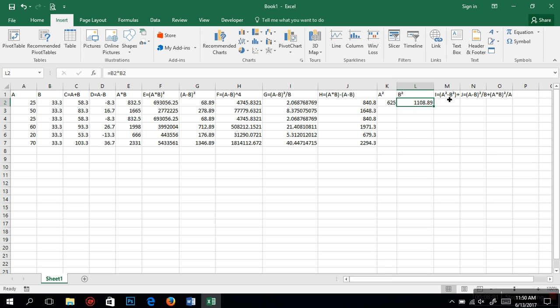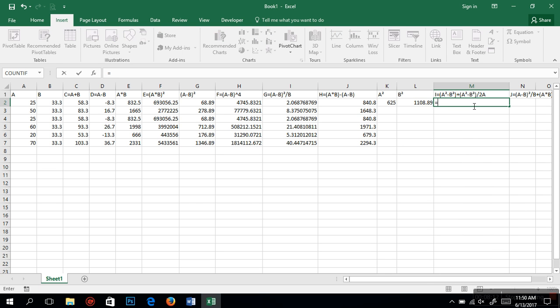So you can now have this column to be this, equal to, open bracket, a squared minus b squared, close the bracket, plus, open another bracket, a squared minus b squared, close the bracket, divided by what? 2a. 2 multiplied by, open a bracket, what is the value of a?